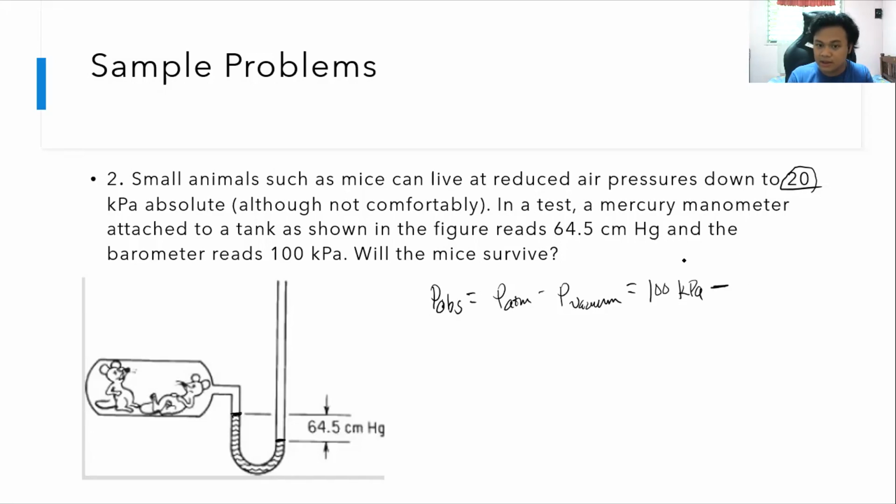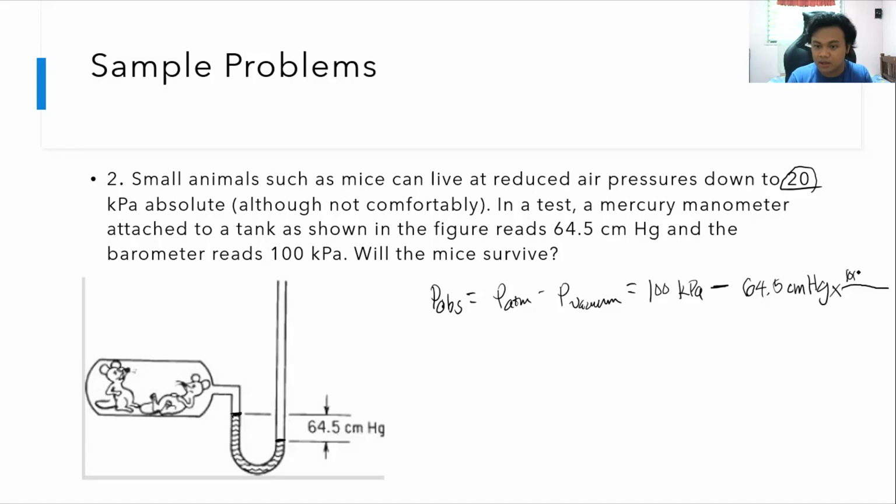Minus, we have 64.5 centimeters mercury, so it's centimeters mercury, right? What we are familiar with is millimeters mercury. If we convert millimeters to centimeters, we just have to divide by 10.